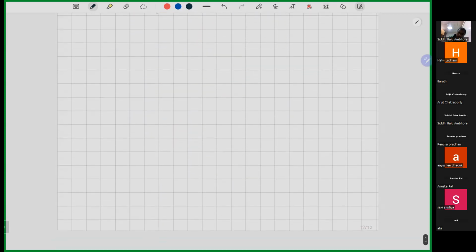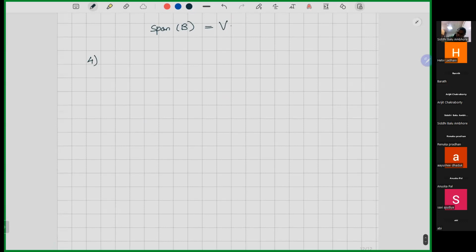Let us go to the next question, that is, A is a subspace of V if and only if span of A is A. And this is a really good question. What is your guess?